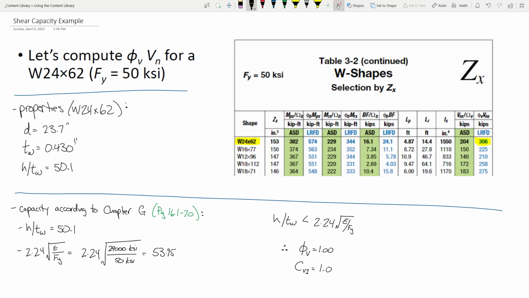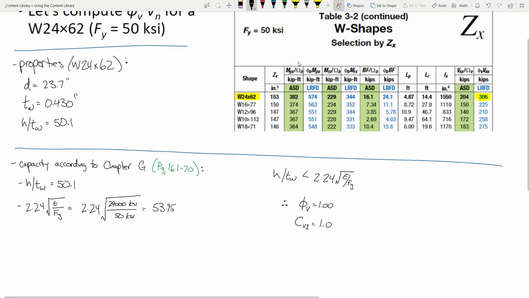Okay. So, we've got this. So how do we compute the capacity? Well, what does it say here on 16.1-70? It says the nominal capacity, Vn, is 0.6 Fy AW CV1, which is 0.6 Fy, and then AW is D TW.